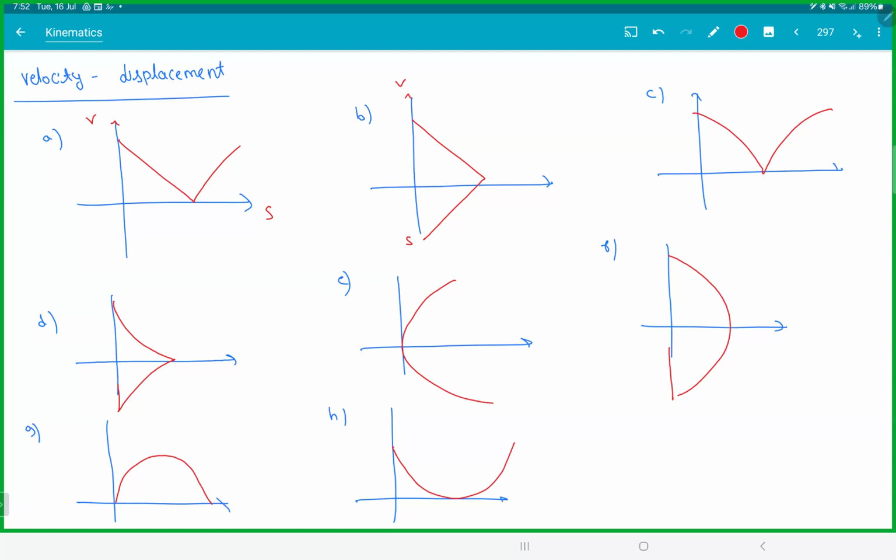First thing, ask yourself, how will the equation between V and S look like? V squared minus U squared is 2AS. So this can be written as V squared is equal to U squared minus 2GS.